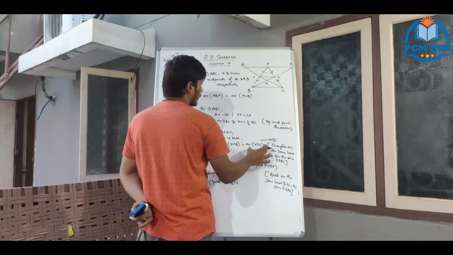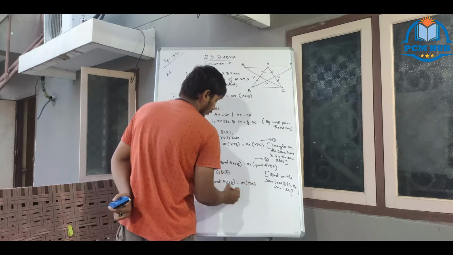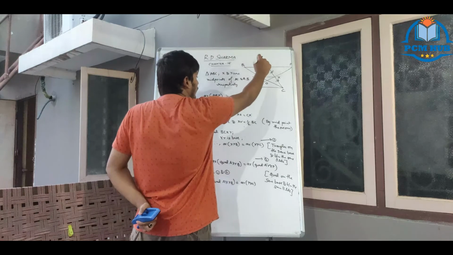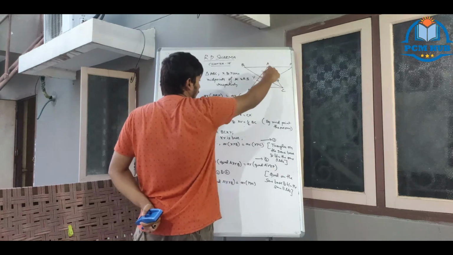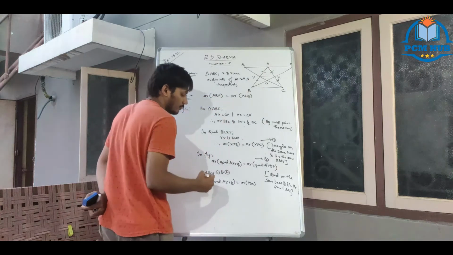AXYQ plus YXC, if you add, it becomes triangle AQC.